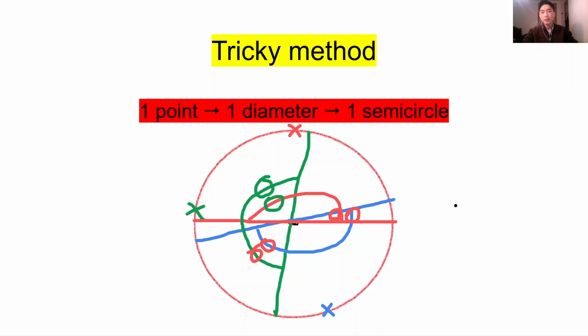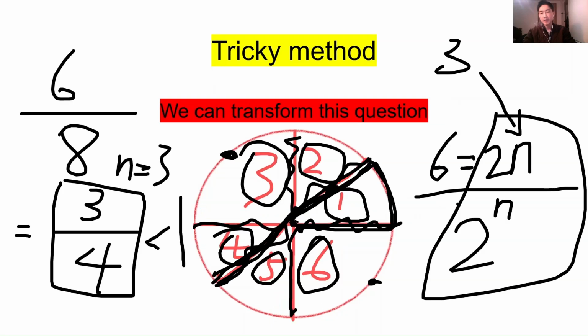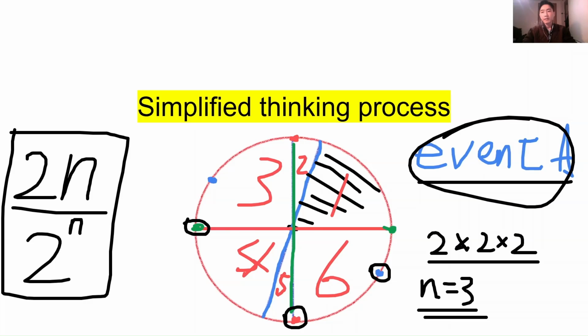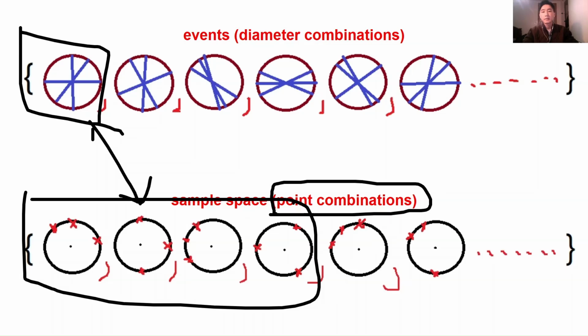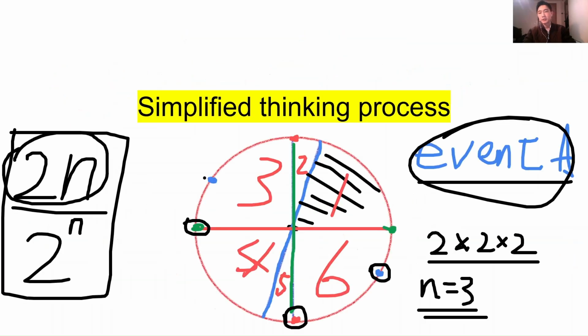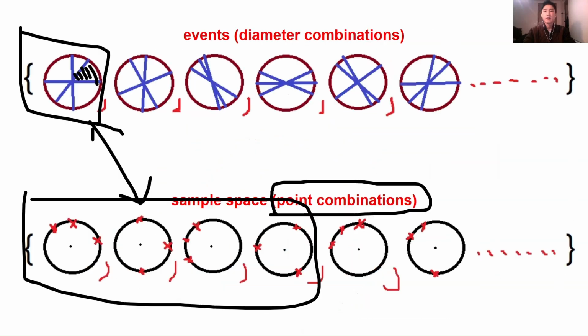Some of them don't, some of them do. And we only have 2 times n of the point combinations that have overlapped area. So this is the bigger picture for this magical method.